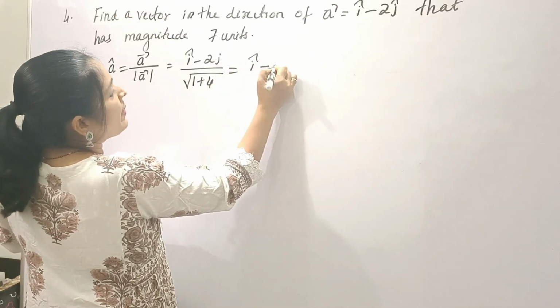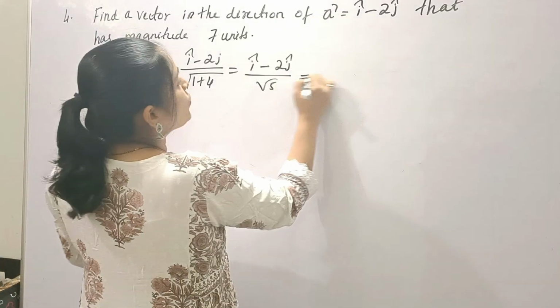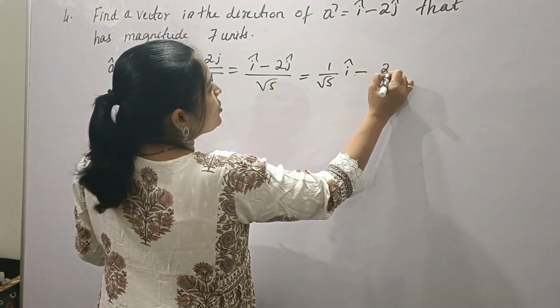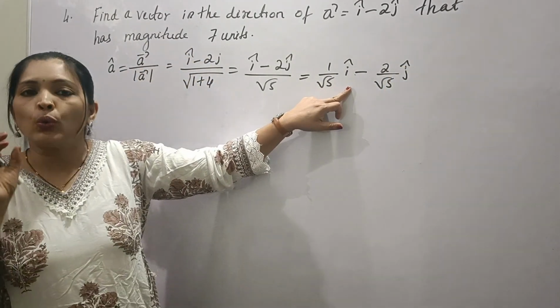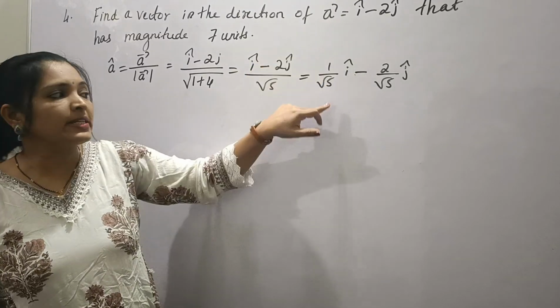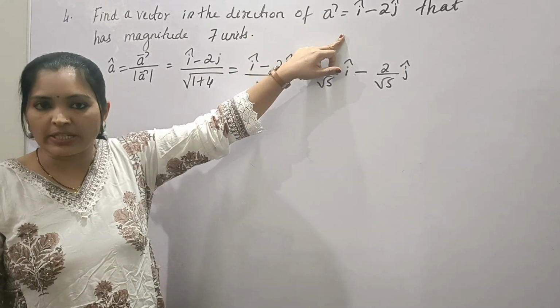So i minus 2j divided by root 5, that is 1 by root 5 i minus 2 by root 5 j. It is the unit vector in the same direction of vector A.